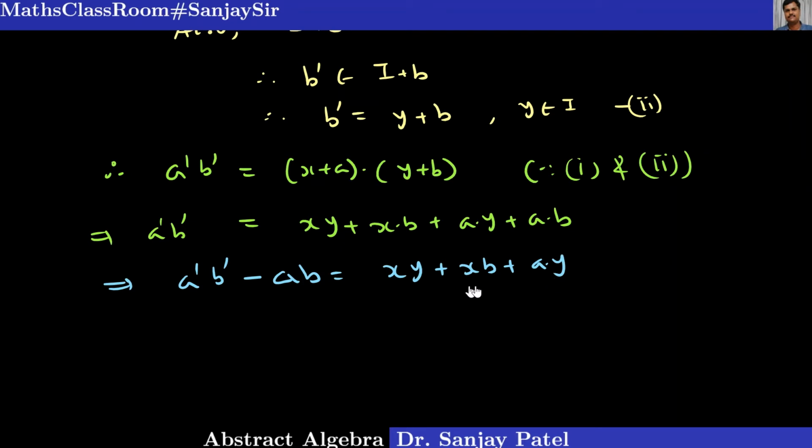Here all elements belong to the set I, because we know here X belongs to I and Y belongs to I. So XY belongs to I. And remember the fact that I is an ideal.